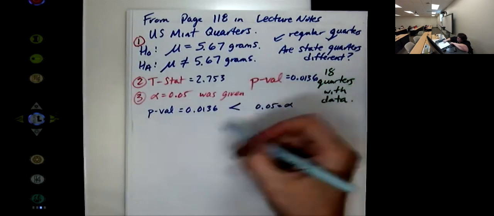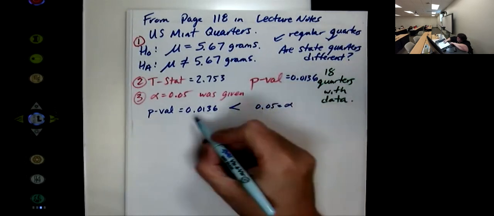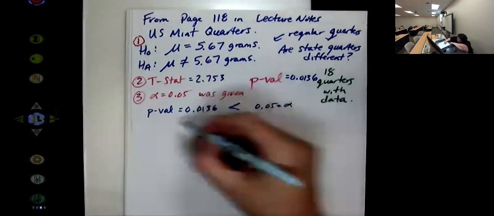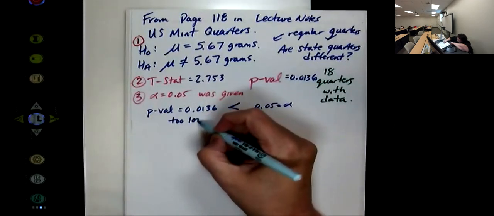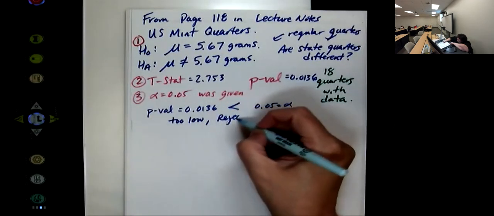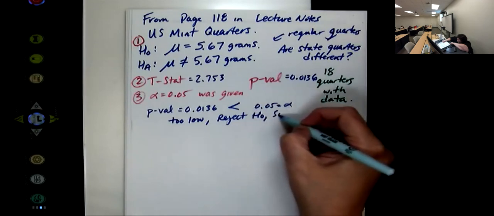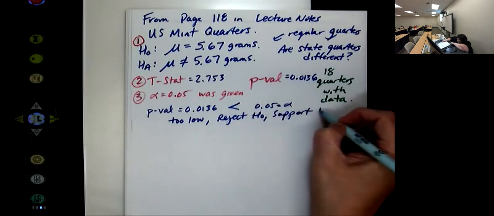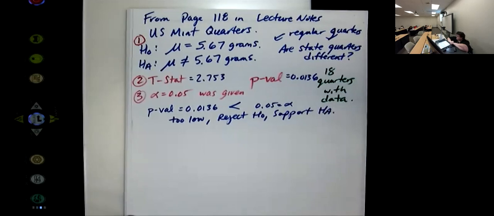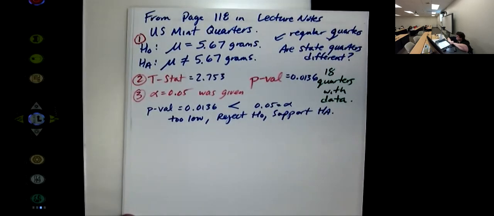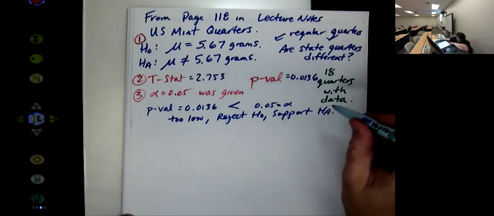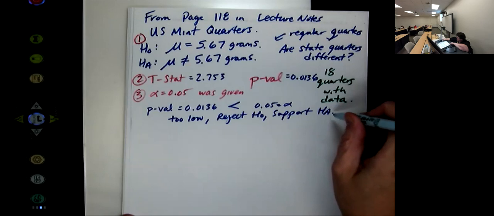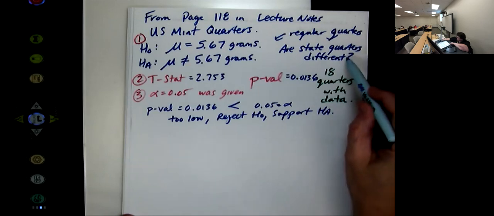If the p-value is too low, reject the H naught. Supporting HA is that state quarters have a different weight.